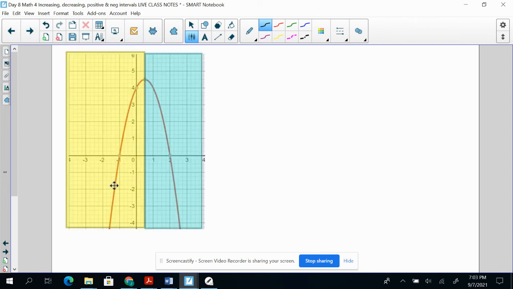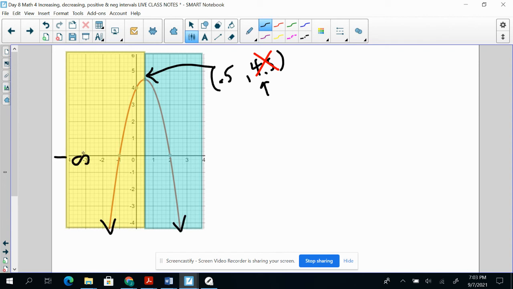So looking at this one differently, because this is our negative quadratic. That means it's a sad face. You want to identify your vertex first. So your vertex here looks like it's 0.5 and 4.5. But again, that 4.5 doesn't matter. We don't need it, because all we're dealing with right now is increase and decrease. We have our arrows because it goes on forever.